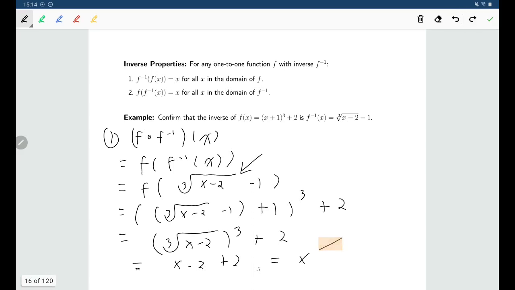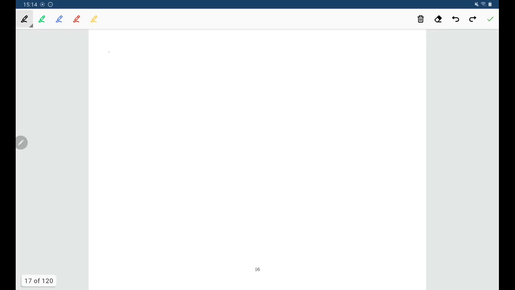And of course, if we're looking at f inverse, we should be able to realize that the domain for this is all real numbers. So again, any x that we want to put into this, any real number, will give us x as the output. So we have f composed with f inverse is x. Now we need to look at f inverse composed with f.